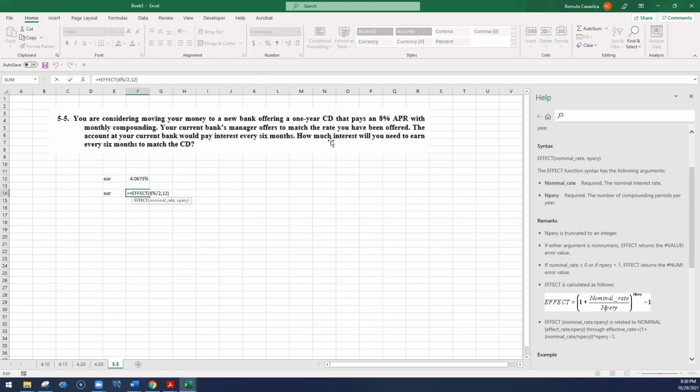So I convert this annual rate into a semester rate, and I divided by 2 because it's the half. And since it's monthly compounding, I put the number of compounding periods. So I get the same answer.